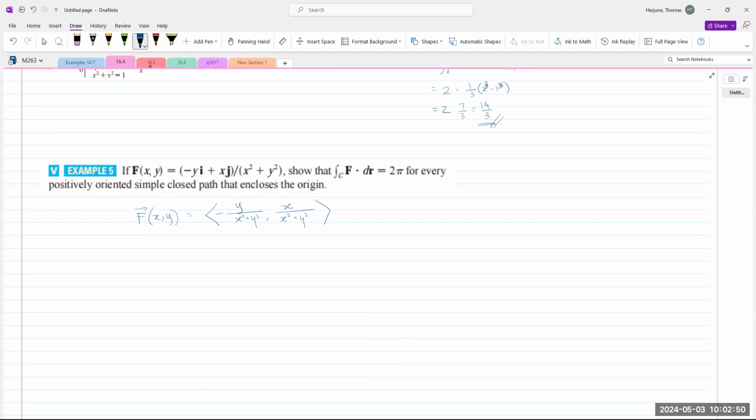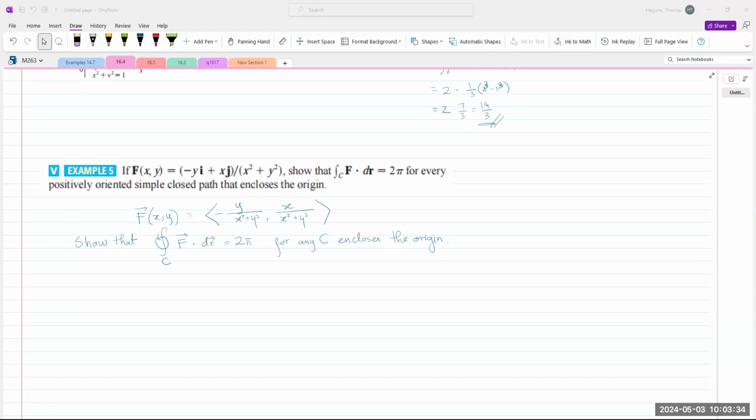Show that the integral over any closed curve C of F dot dr is equal to 2 pi for any C that encloses the origin.